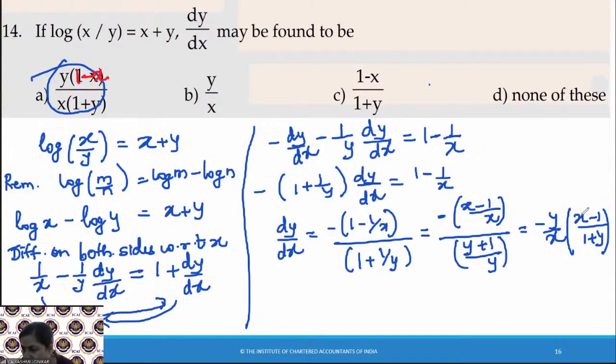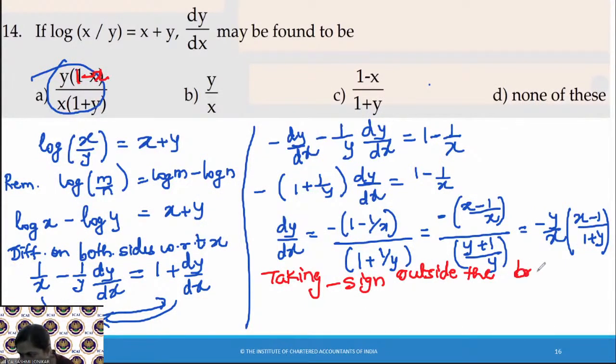And here what do I have? X minus 1. So I can take the minus sign. So this is a very important point: taking the minus sign outside the bracket in the numerator.